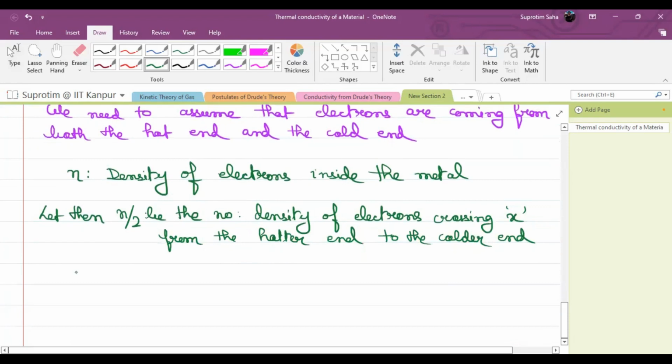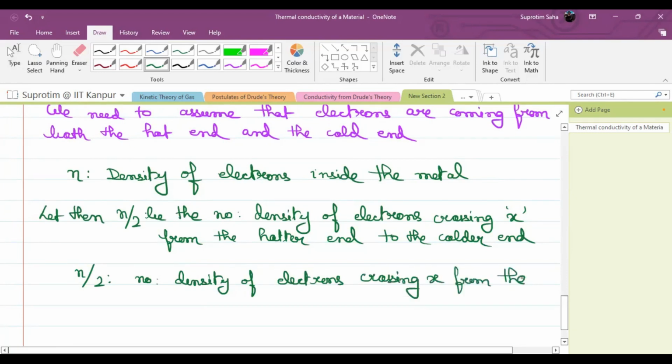Also, n by 2 is the number density of electrons crossing x from the colder to the hotter end.